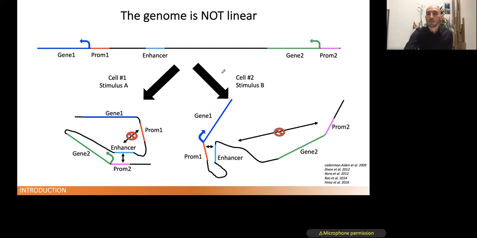While in a different cell, or in the same cell with different stimuli, the enhancer is now able to interact with the first promoter to activate the first gene, but not anymore with the second promoter and gene. So in these two cases, we have a completely different transcriptional output.